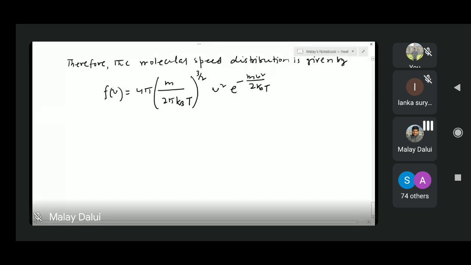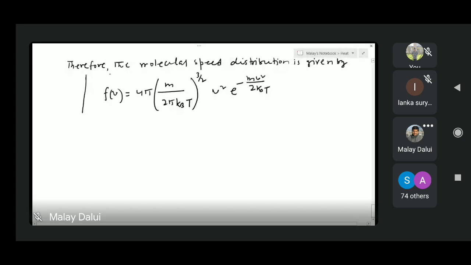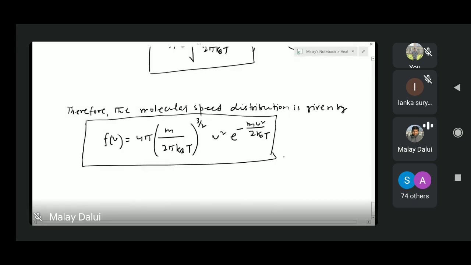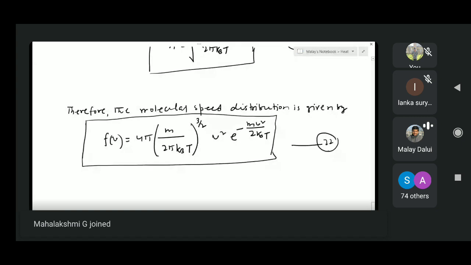So this is the distribution which you have to remember. And this is, let's say, equation number 22. This is the full Maxwell-Boltzmann distribution.